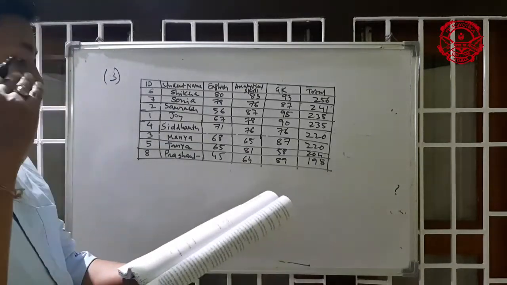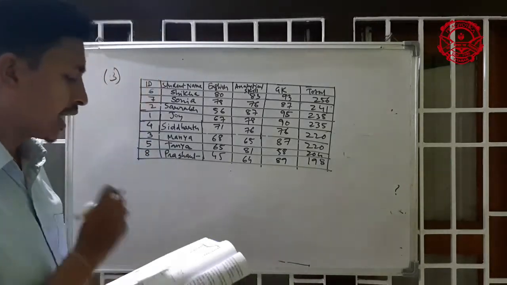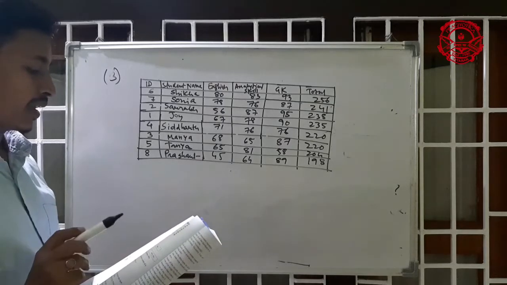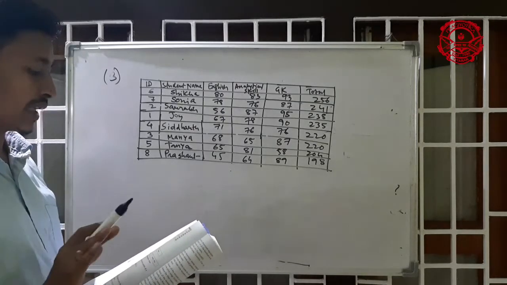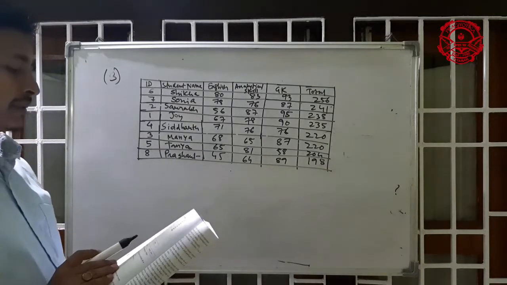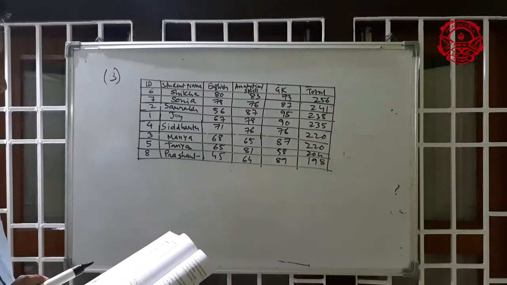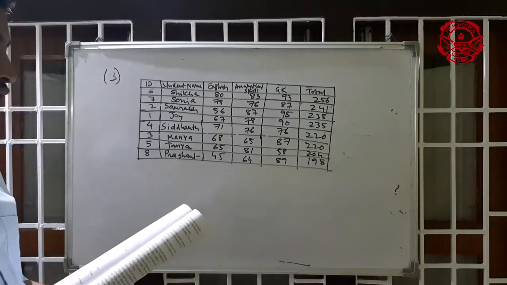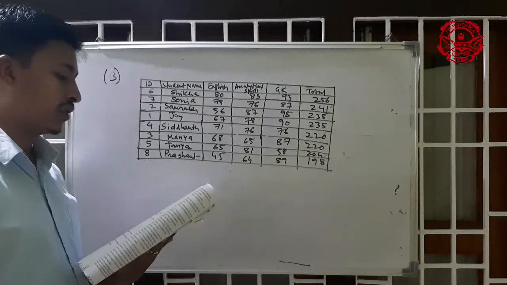Now you can see ID is not sorted. Student name is also not sorted. English 80, 76, 56 not sorted. Analytical skill 83 not sorted. 97, 93 not sorted.